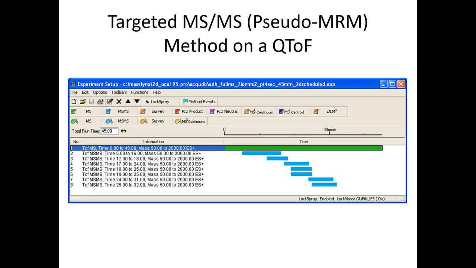I don't consider that an absolute system suitability, but I do consider it something that I can track over time, all the time, and I can set up the method to specifically target them and get enough MS2 points across those peaks so that I can draw informed conclusions about my system performance.